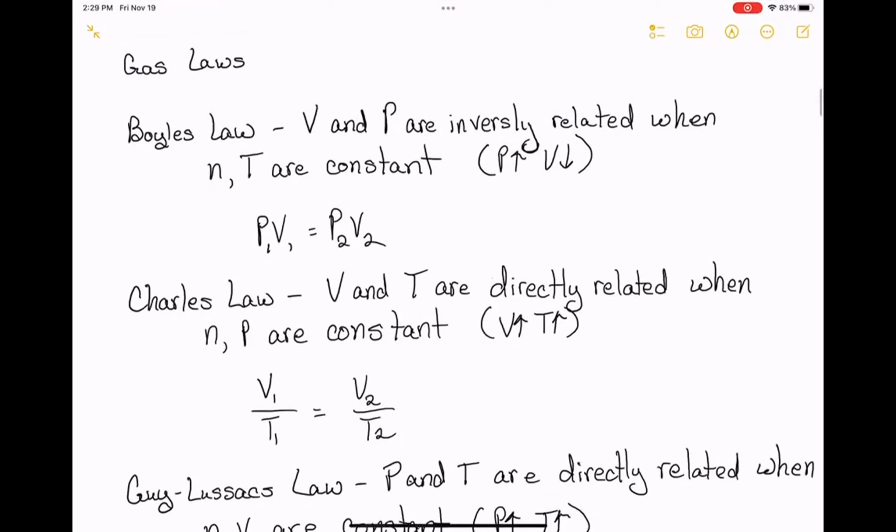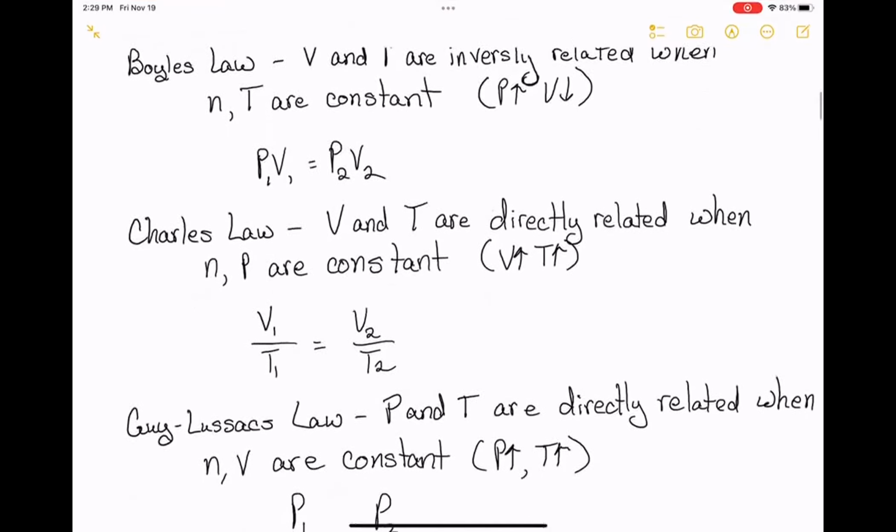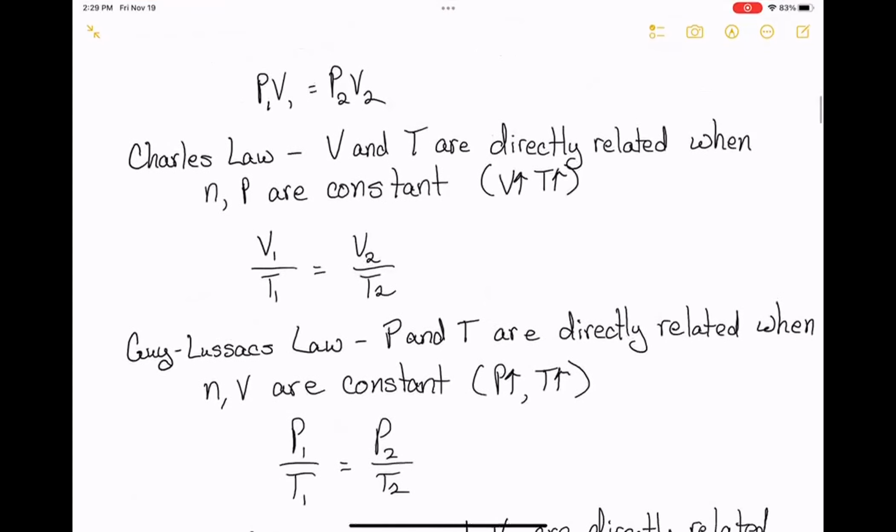The third gas law, you did get an opportunity to see, and that is Gay-Lussac's law. Basically, Gay-Lussac's law says that the temperature and the pressure are directly related. When I increased the temperature, we saw the molecules move much, much faster. So they had a greater amount of kinetic energy.